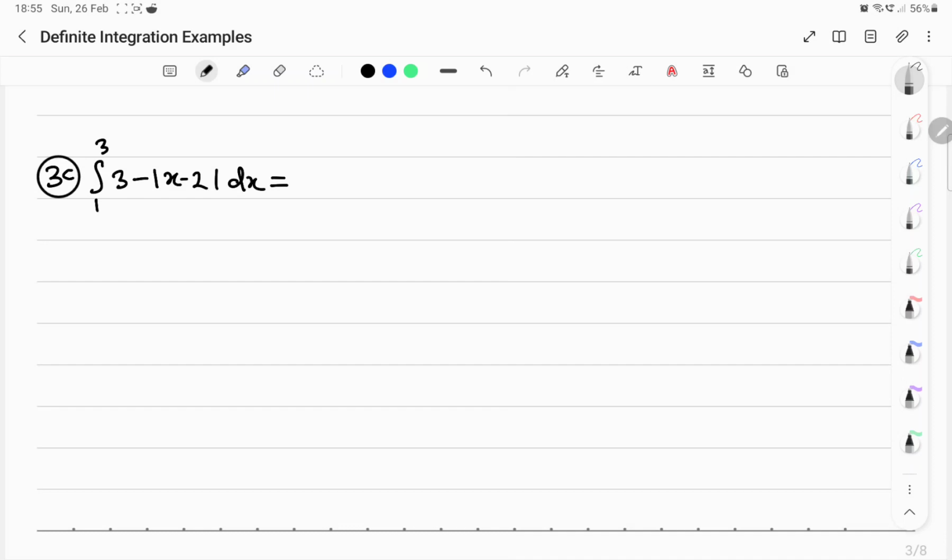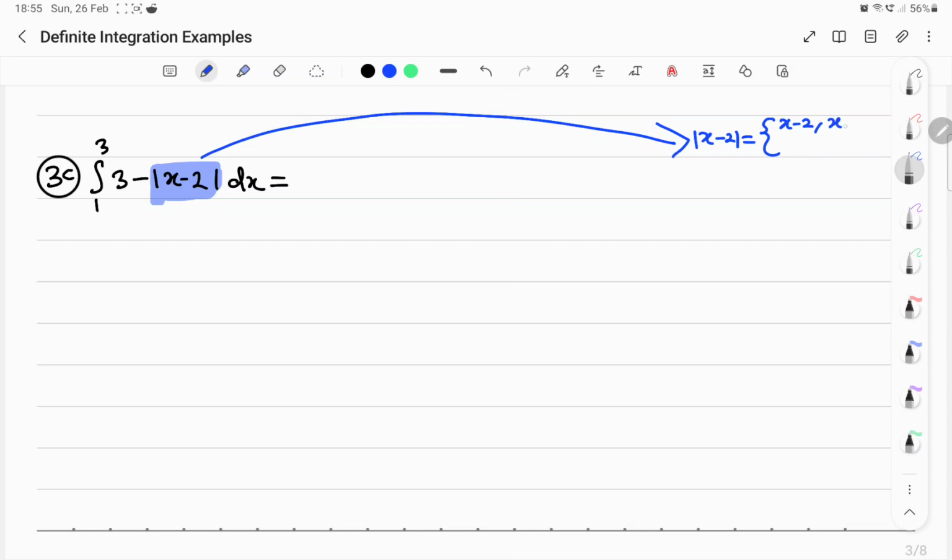For this one, as we can see, the modulus lies over here. The modulus is a part of a bigger function, so we just define the modulus only. So bring it over here. x minus 2 equals x minus 2 will be positive when x minus 2 is greater than or equal to 0.